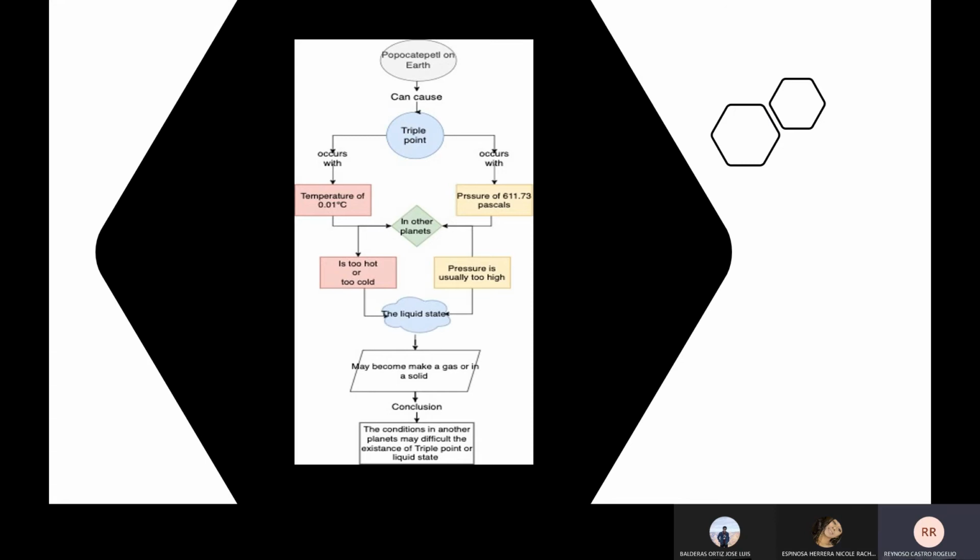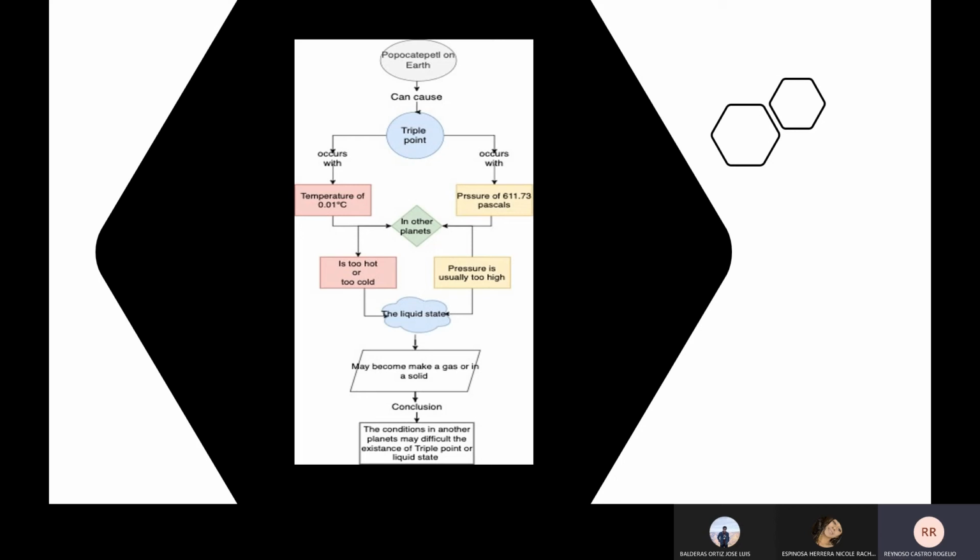Okay, in this map that we made, well, the Popocatépetl on Earth. The triple point occurs with a temperature of 0.01 Celsius degrees and with a pressure of 611.73 pascals.